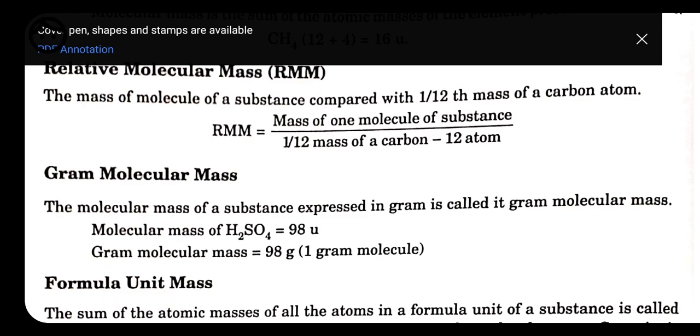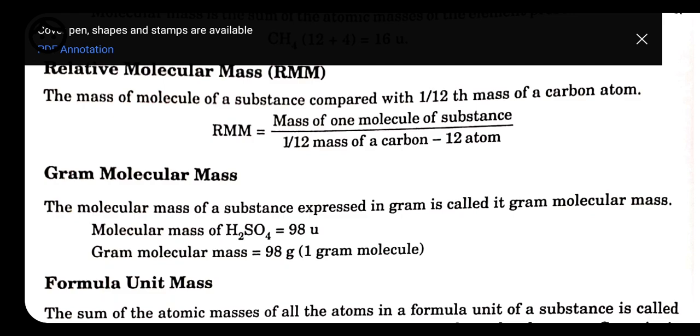The mass of sulfur is 32, plus the mass of oxygen is 16, but we have 4 atoms of oxygen, so 16 multiplied by 4 is equal to 64. So 64 plus 32 plus 2 is equal to 98. Whenever we express this in terms of AMU, it is written as U only, 98 U.